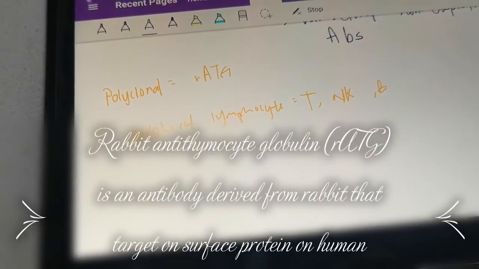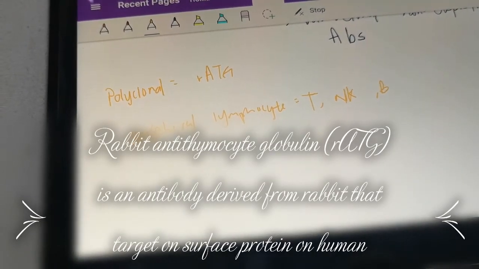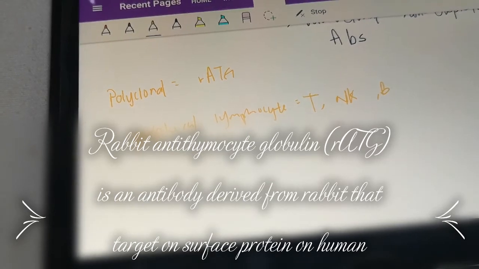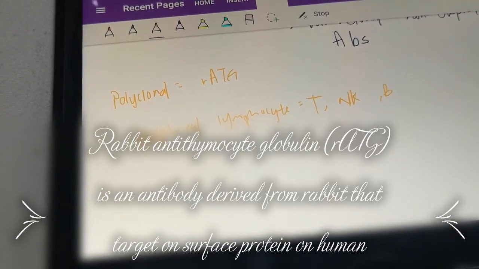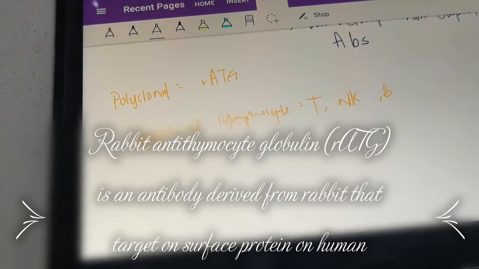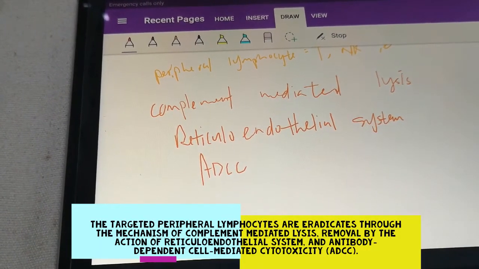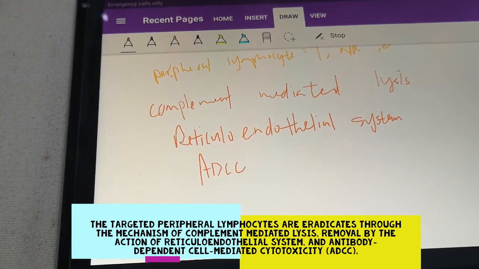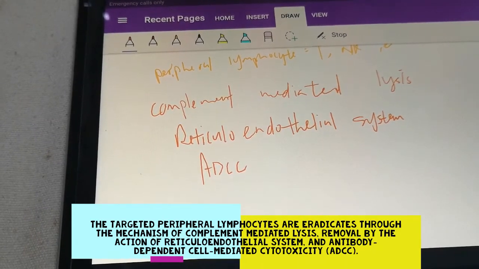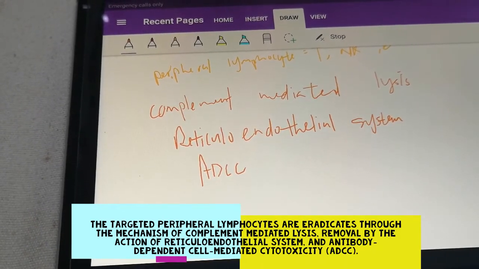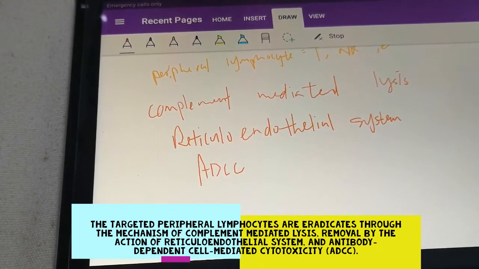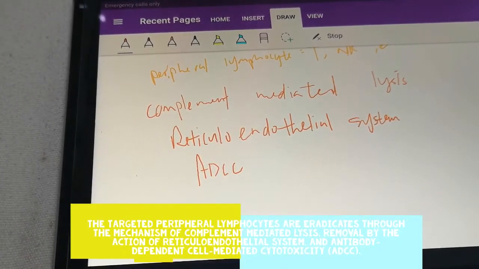Rabbit anti-thymocyte globulin is an antibody derived from the rabbit that targets the surface protein on the human lymphocyte. The targeted peripheral lymphocytes are eradicated through complement-mediated lysis, removal by the action of the reticuloendothelial system, and ADCC.